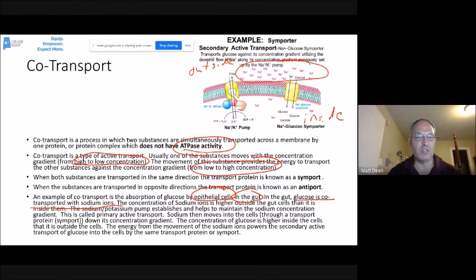Sodium moves into those cells down the concentration gradient. So sodium's going to move from higher to lower concentration through this protein right here.